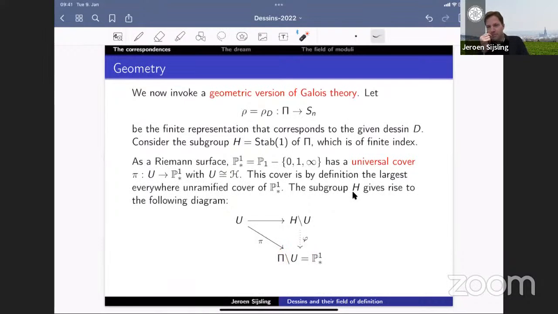And as soon as you know these kinds of things, then you can do your Galois theory, or the equivalent of that, in a geometric context. And recall that we have a subgroup associated to our rho.